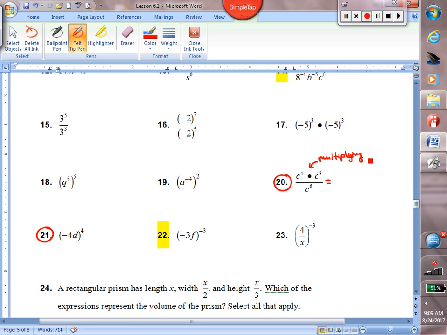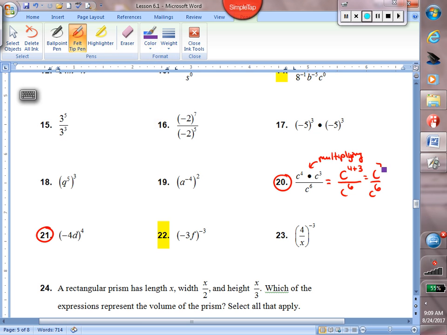If I need to, I could flip back to page 171. I could also flip back and look at the notes we did on page 168 if I needed a resource. If I check those, I see that when I'm multiplying with the same base, I add the exponents. So I'm going to have c to the 4 plus 3, which is c to the 7th. My c to the 6th in the denominator, I haven't done anything with yet.